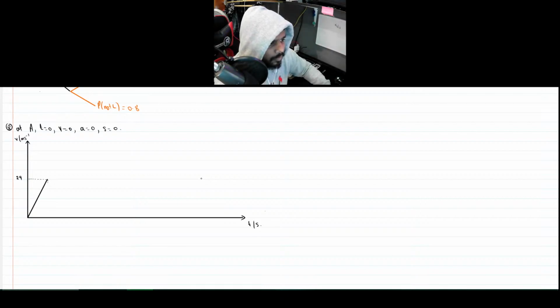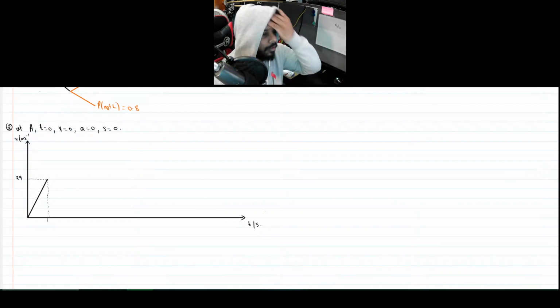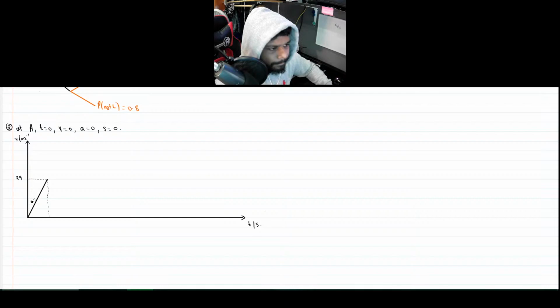And we need to figure out what the time is because the question didn't give a time. Luckily, we have some formulas that we need to know. I know the acceleration of this line here is 6. I know the velocity and I know the initial time.